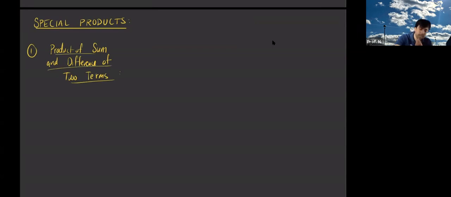That's when you have something like (a + b)(a - b). So this is a product of a sum and difference of two terms.